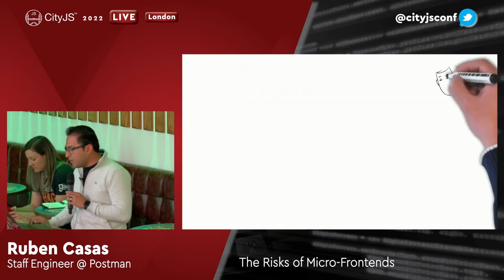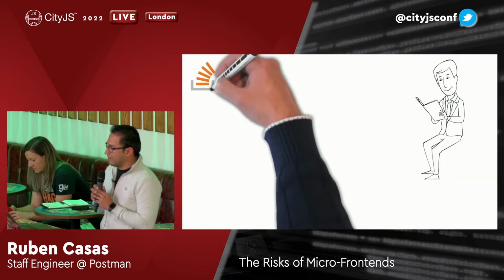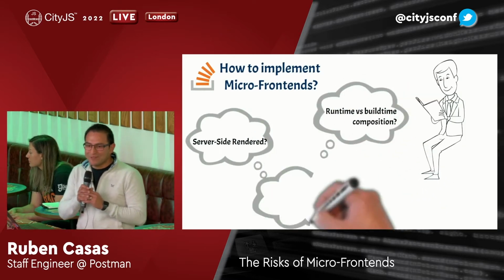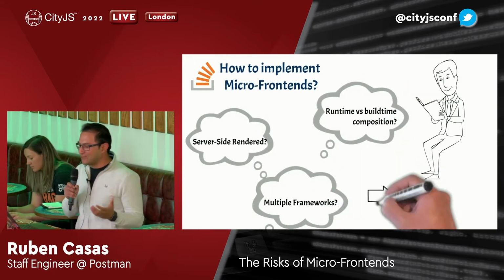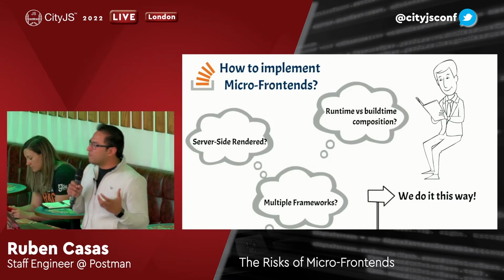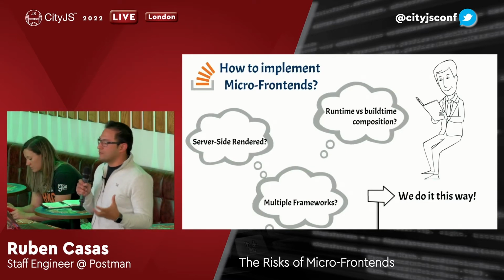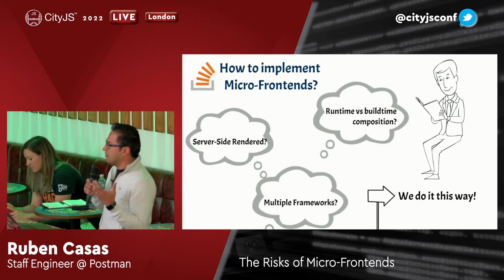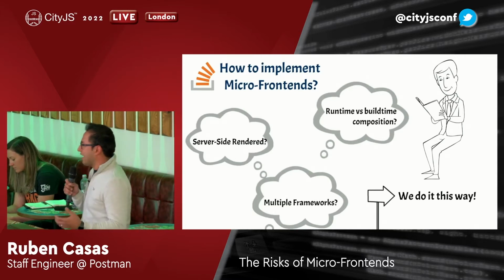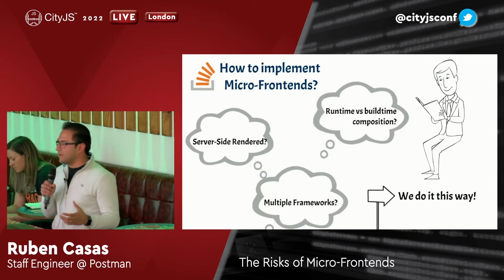Bob is a really, really good developer. So let's guess what Bob did. Well, he went to Stack Overflow and started researching how to implement a micro-frontends framework. But the problem with Bob is that he found more questions than answers. Server-side rendered micro-frontends, runtime versus build time, multiple frameworks like React and Vue and Angular on the same page.